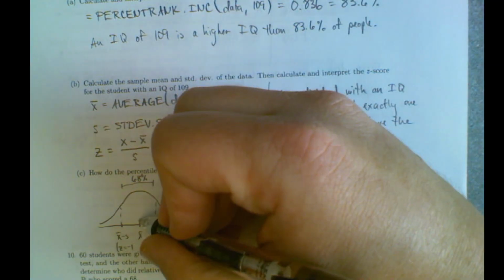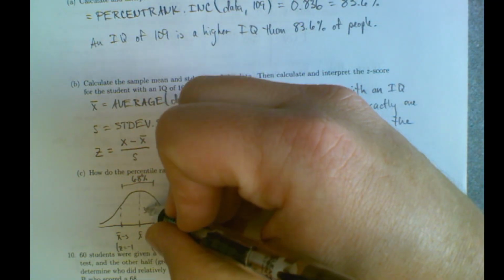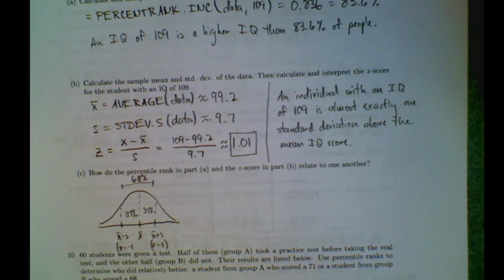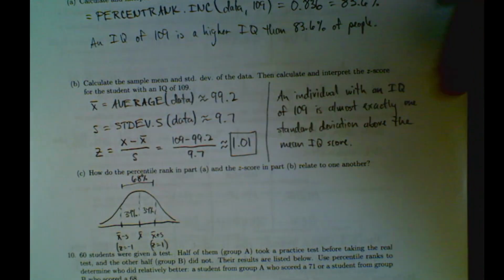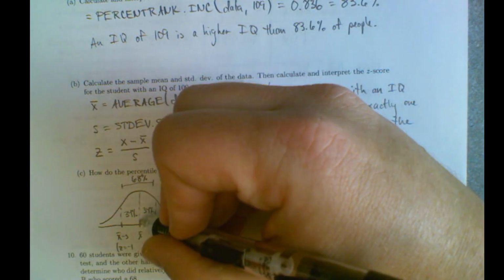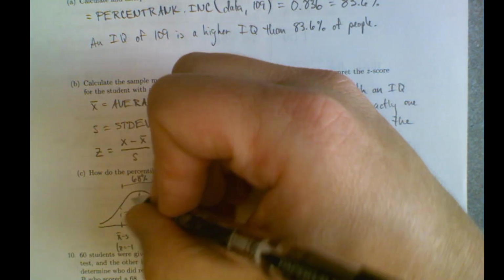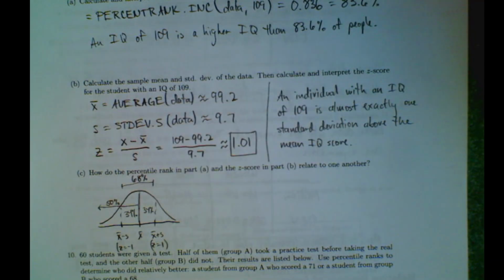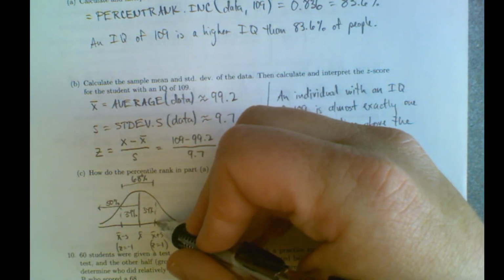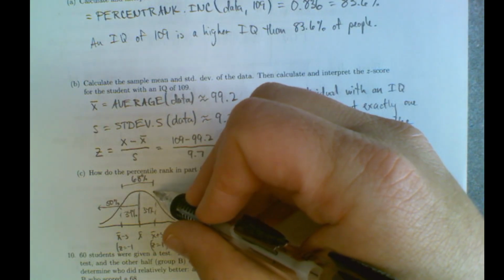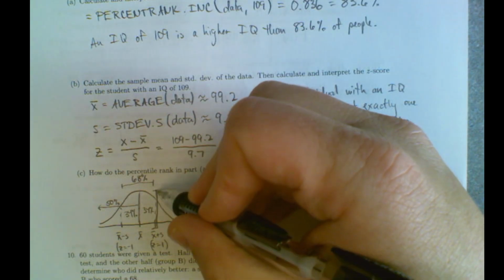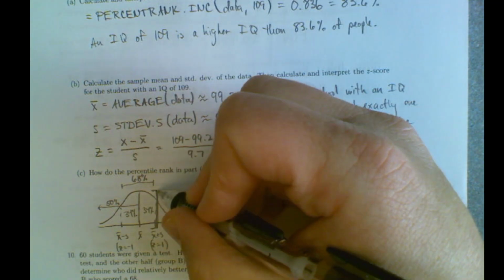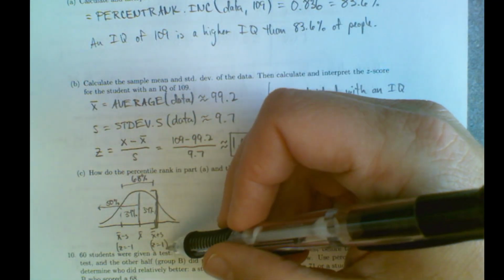To be more specific, we could say 34% of the values are going to be here, and 34% of the values are going to be there. We can also say, because this is a symmetric distribution, that 50% of the values fall below the mean. And that means that in total, we would expect from the empirical rule that about 84%, 50% plus this 34%, so about 84% of the values are going to fall below a z-score of 1.